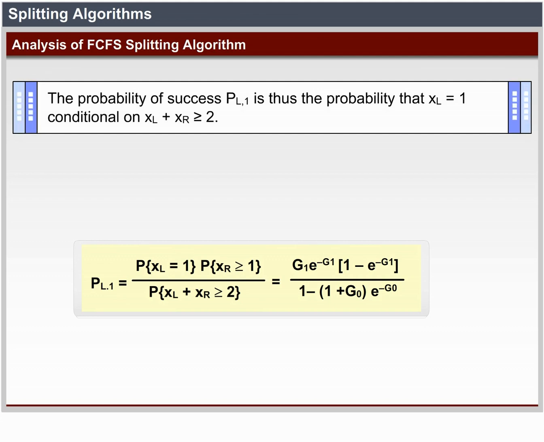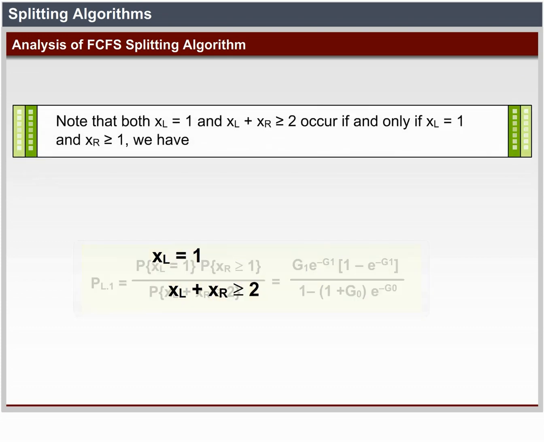Noting that both XL equal to 1 and XL plus XR greater than or equal to 2 occur if and only if XL is equal to 1 and XR greater than or equal to 1, we have P_L,1 equal to P(XL equal to 1) times P(XR greater than or equal to 1), divided by P(XL plus XR greater than or equal to 2), which is equal to G1 e to the power minus G1 times (1 minus e to the power minus G1), divided by 1 minus (1 plus G0) e to the power minus G0.